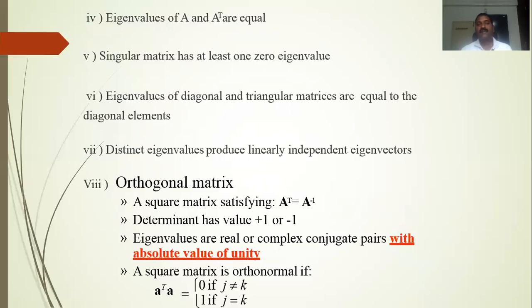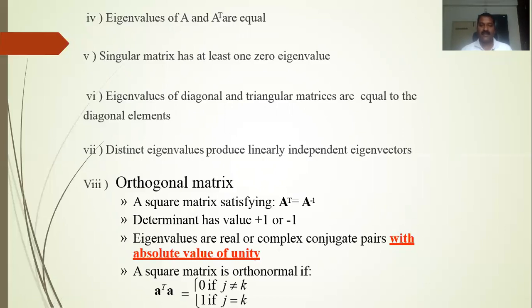That is, the eigenvalues of an upper triangular matrix or a lower triangular matrix are nothing but the diagonal elements. And an important property, the seventh one: distinct eigenvalues will always produce linearly independent eigenvectors. This is a widely used property in our future discussions. The eigenvalues are distinct and the corresponding eigenvectors will be linearly independent.